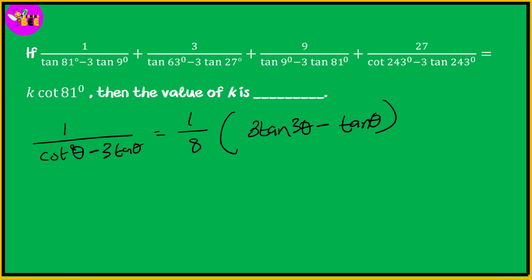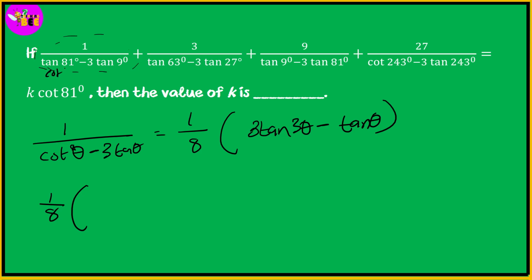So, instead of writing 1 by cot 9 minus 3 tan 9, we would write 1 by 8 of 3 tan 27 minus tan 9 degrees. Now, doing for all of them, we can take 1 by 8 common from all of them and we have 3 tan 3 theta minus tan theta for all of them.